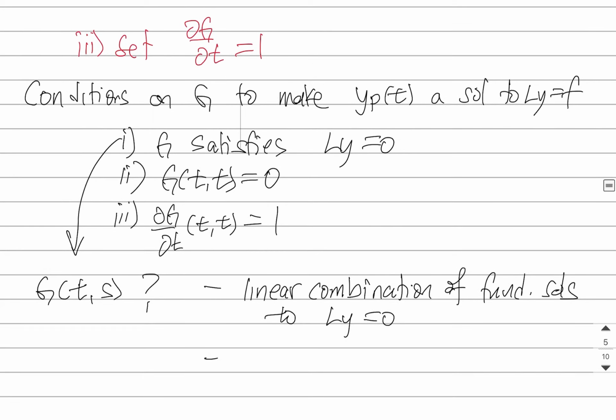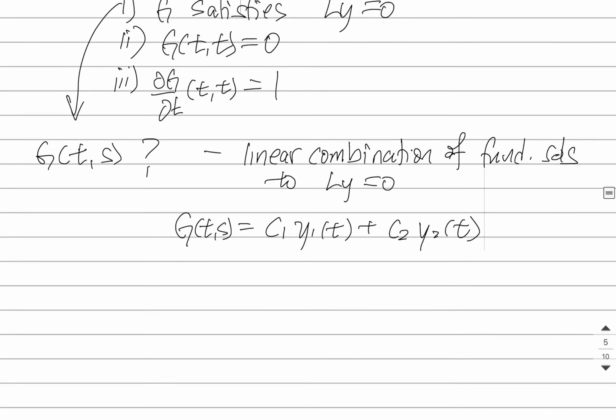So normally when we have a linear combination, we would just say, oh, take some multiple of the first solution and add it to some multiple of the second solution. But the trick here is that there also has to be a function of s. So in order to bring in some sort of s dependence, I'm going to make an interesting guess.